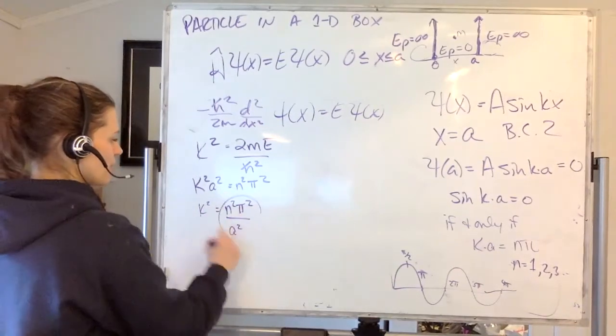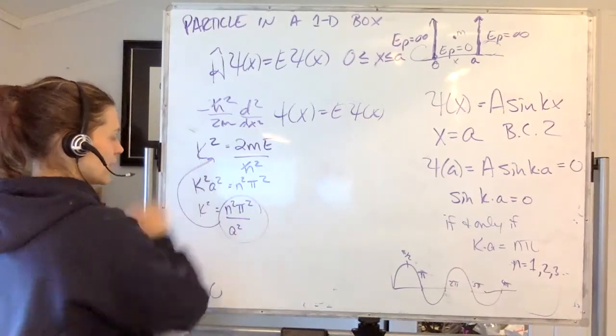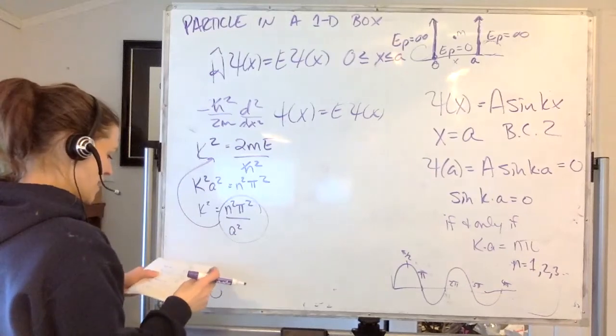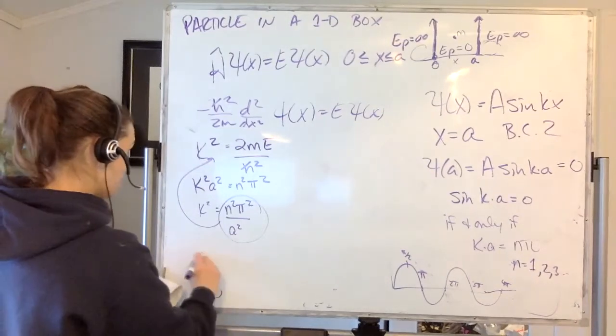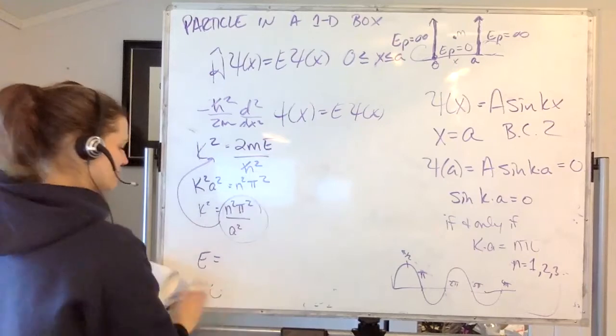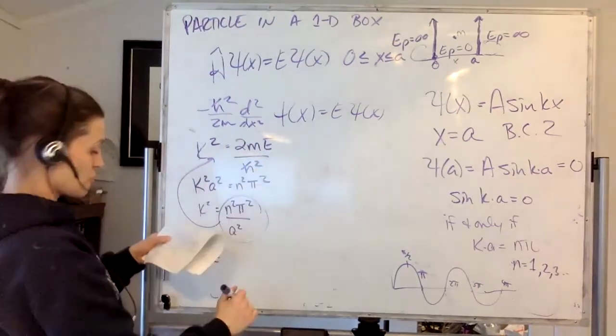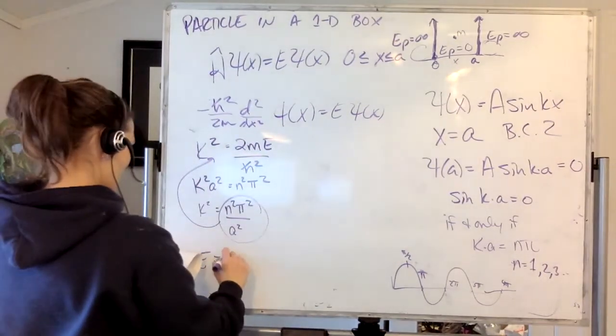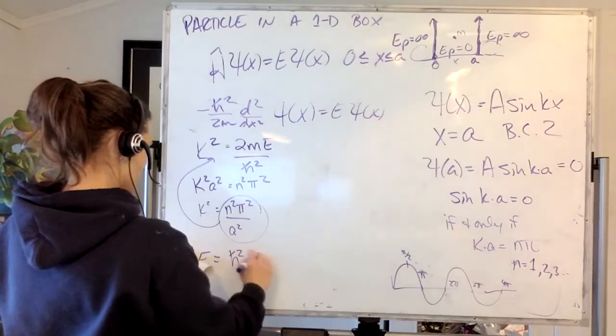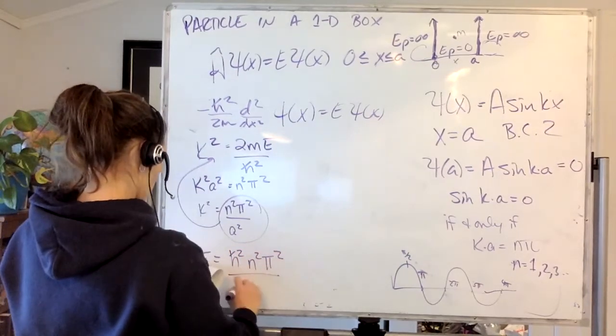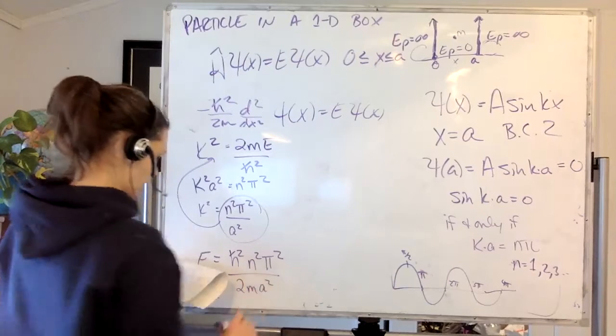And if I now put this into here, I'm left with E, and solve for E, you have to do some of this on your own, is equal to h bar squared n squared pi squared over 2ma squared.